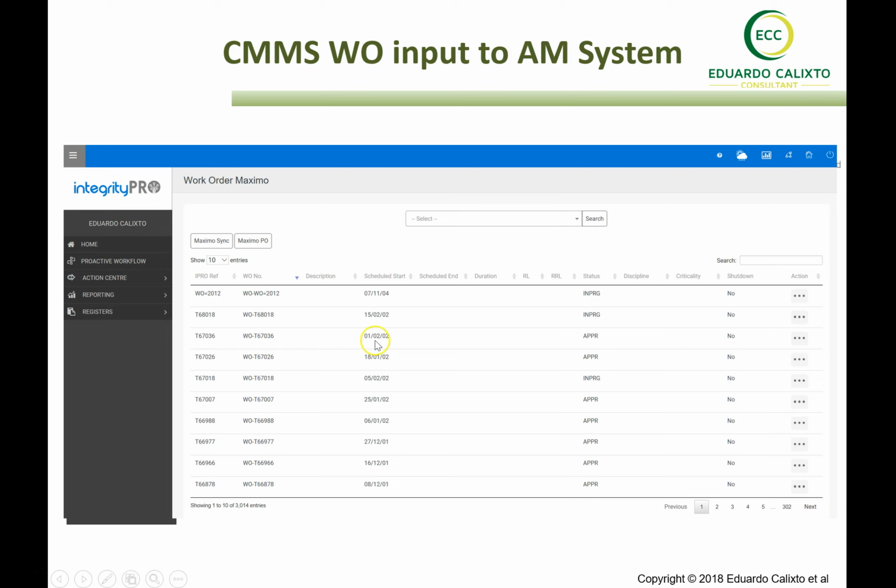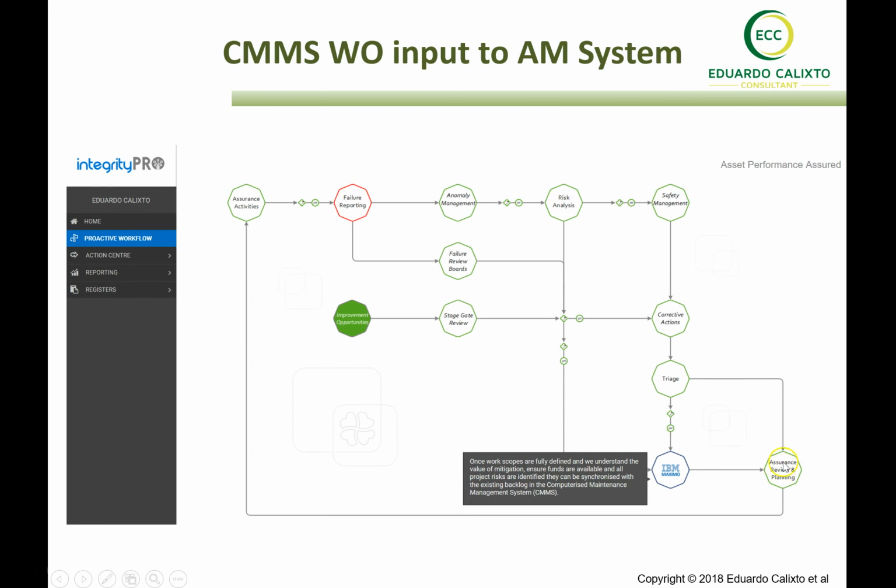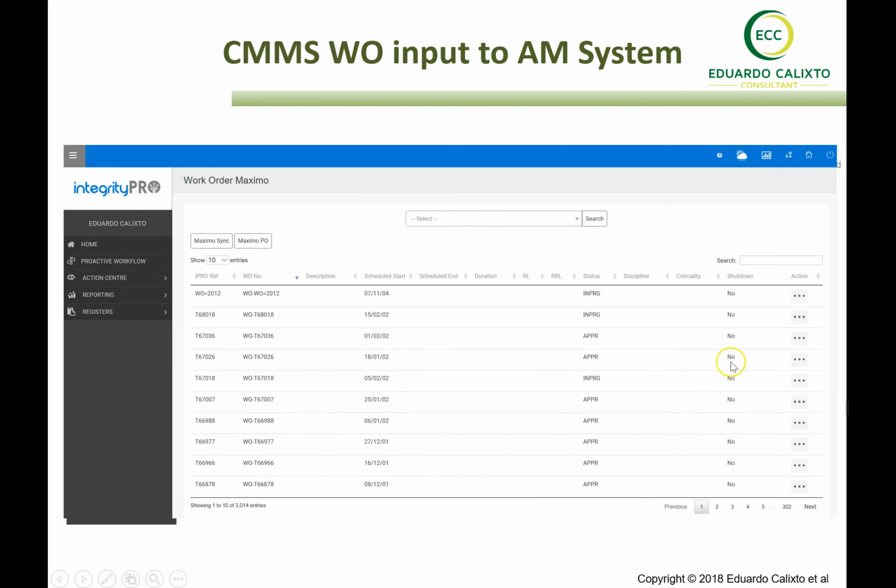So that happens automatically, since Integrity Pro, one of the asset management solutions, integrates with Maximo, and then we have the information automatically searched here. And again, if you want to get the information about each work order, you just click here and read it.